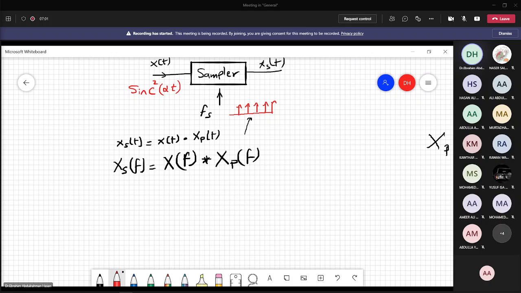Okay, now working in frequency domain, then sinc square, that تشوفون في الtable, then you will get in frequency domain it is this. Sorry, not here. This one. هذه sinc square. Okay, and هذه convolve with xp, and xp it is this.